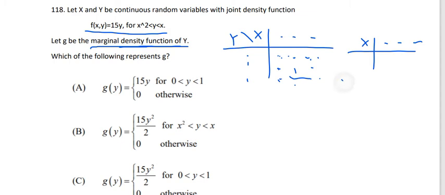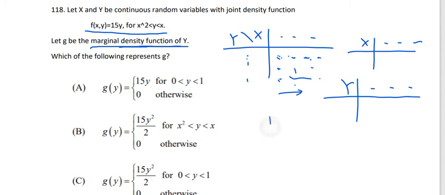If we want to find the marginal distribution for y, we add in this direction: for fixed y, we add those x. Same story here.